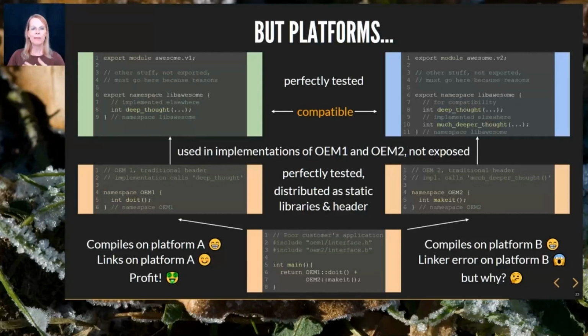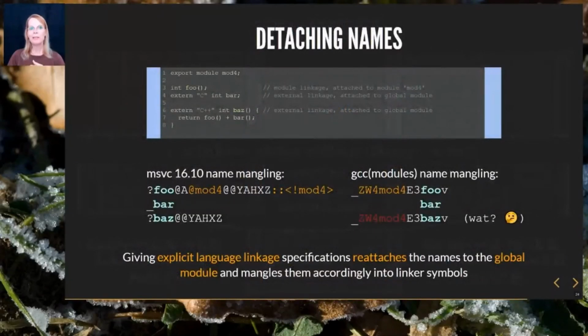In case you are concerned about this divergence of behavior on different platforms, never mind. We've got ways to make this fail also on platforms that follow the strong ownership model. By explicitly giving a name either C or C++ language linkage, the name is reattached to the global module and supposedly mangles accordingly. At least MSVC does.